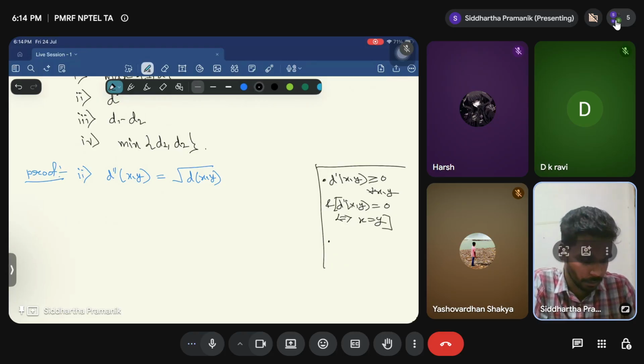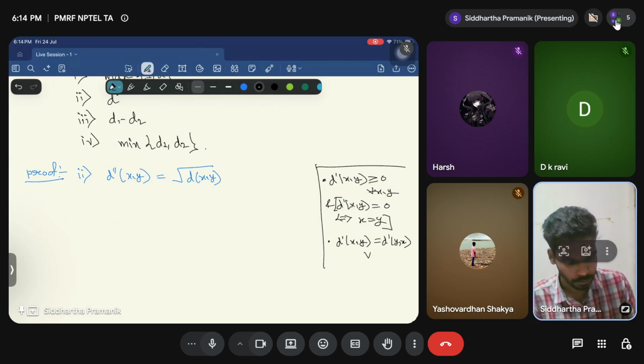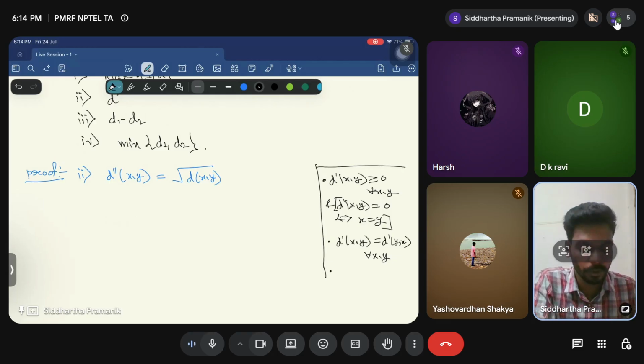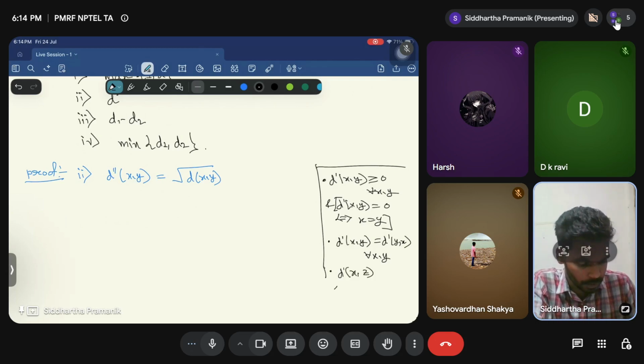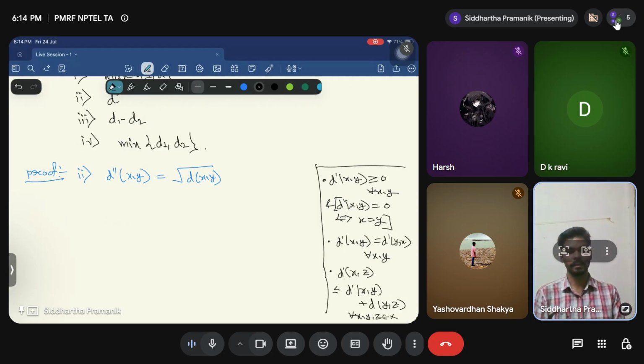The second one, you can recall, is symmetry: d prime xy is d prime yx. Distance from x to y is the same as distance from y to x, for all x, y. The third one is the most important, the triangle inequality: d prime xz is less than or equal to d prime xy plus d prime yz, for all x, y, z in X.